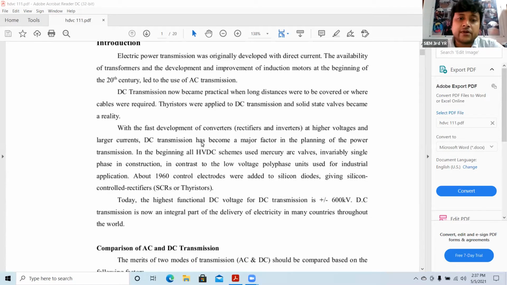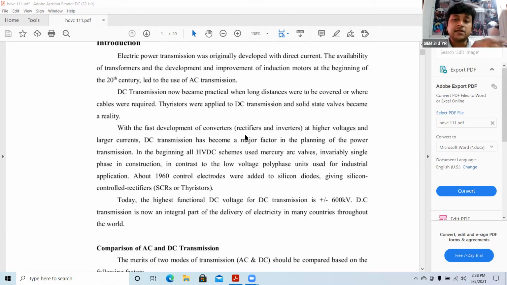With the first development of converters like rectifiers and inverters, which I have shown you using the slides, the rectifiers are utilized on the primary side to convert from AC to DC, because in the transmission line you are basically using the three-phase transformer.